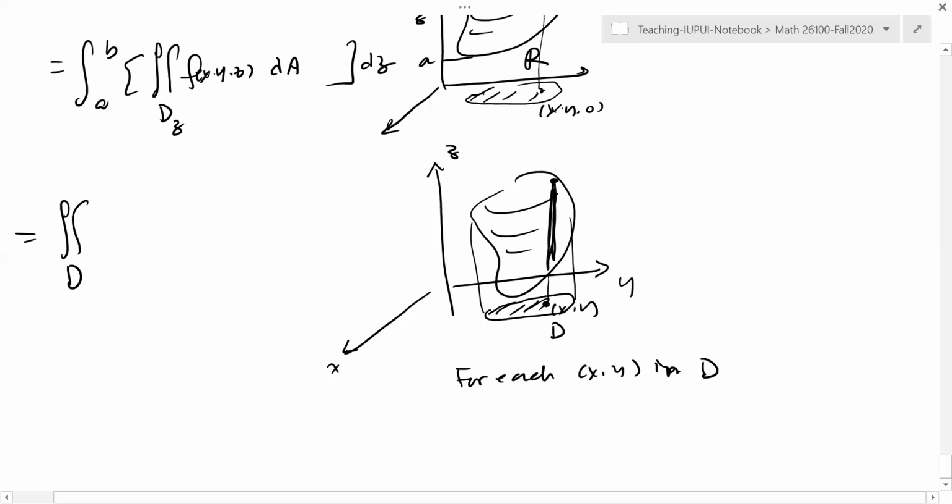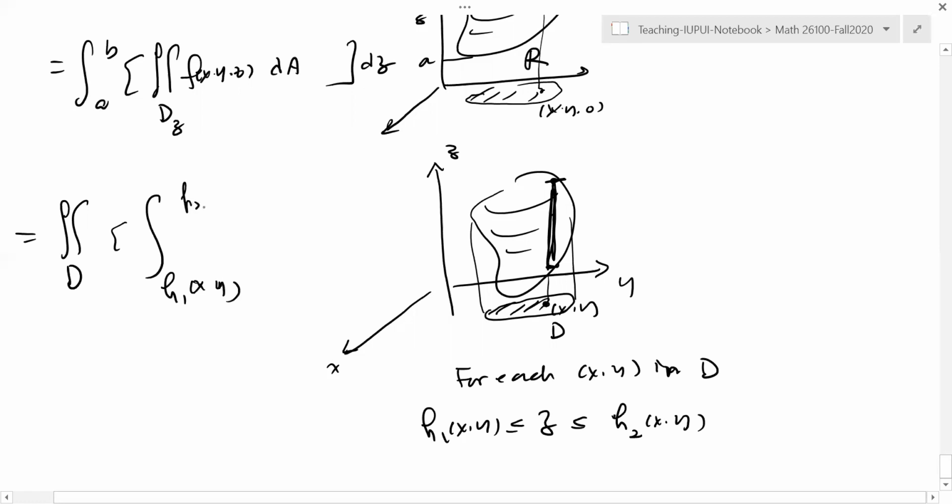You want to figure out what is the upper bound for z and what is the lower bound for z. Let's call the upper bound h2(x, y) and the lower bound h1(x, y). So then you have the integral from h1(x, y) to h2(x, y) of the function f(x, y, z) dz, and dA.